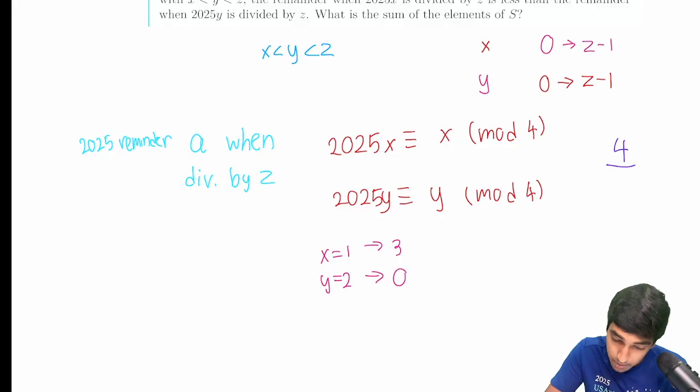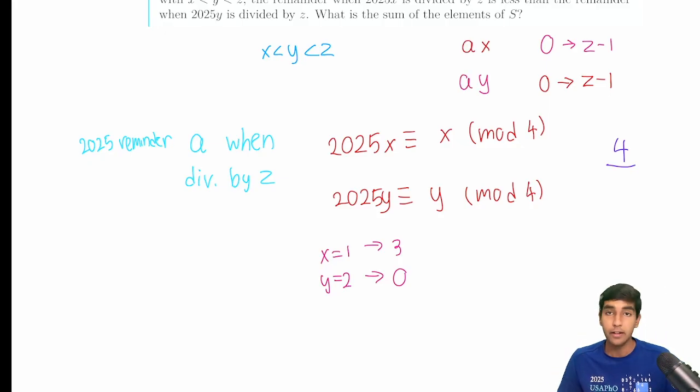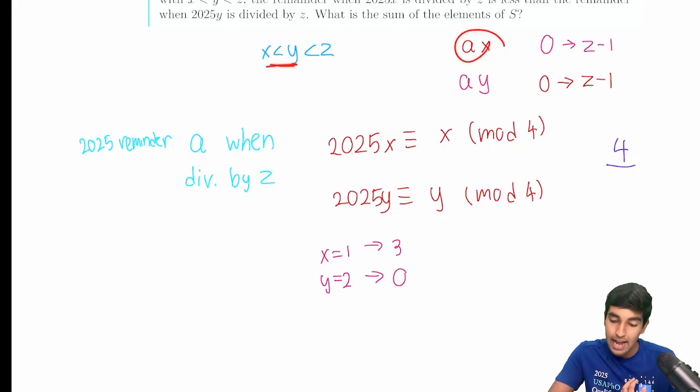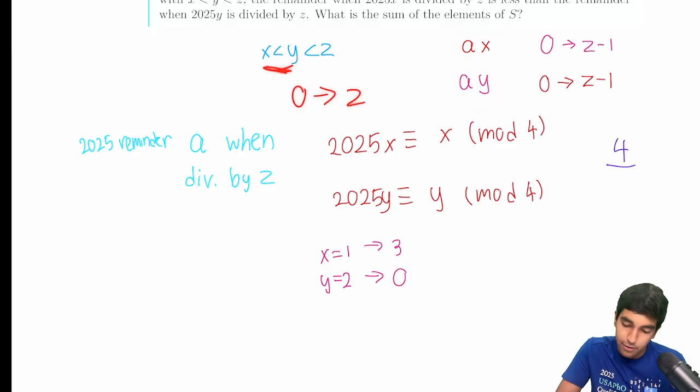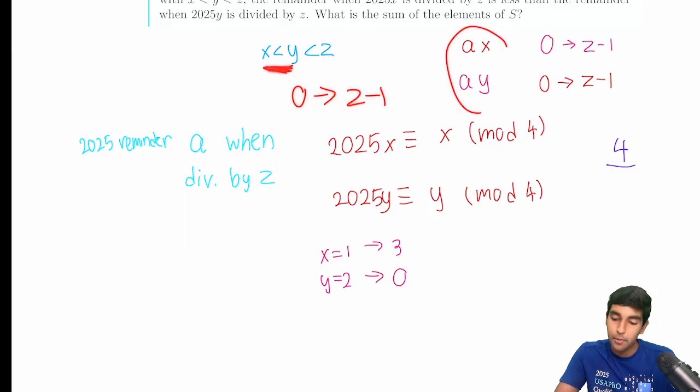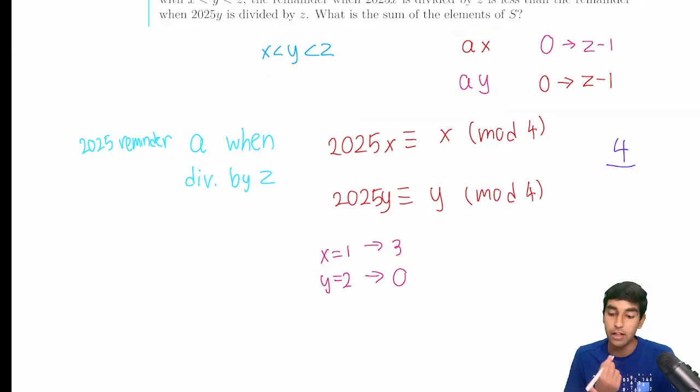Whenever x is less than y, we need ax to be less than ay. So x and y are anything that ranges from 0 to z minus 1, where x is less than y, and we're looking at ax and ay mod z.